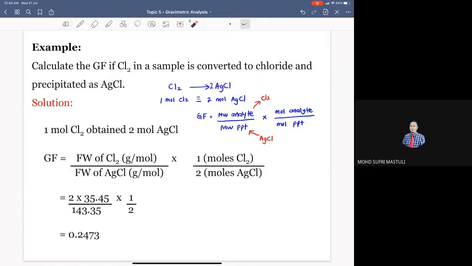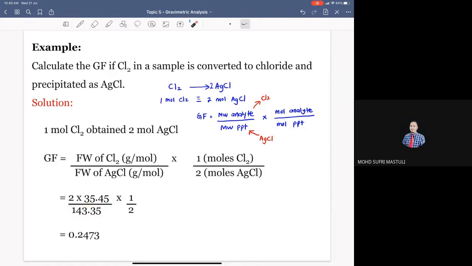Okay, so in order to calculate the gravimetric factor, the formula weight of analyte, which is Cl2, is 35.5 times 2, over the molecular weight of silver chloride, which can be obtained from the periodic table.